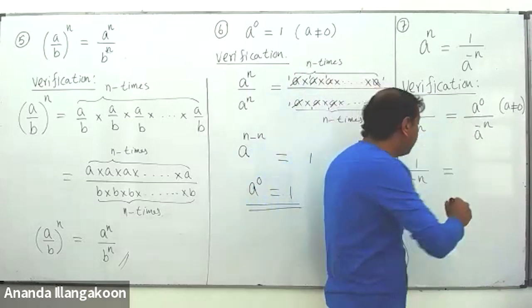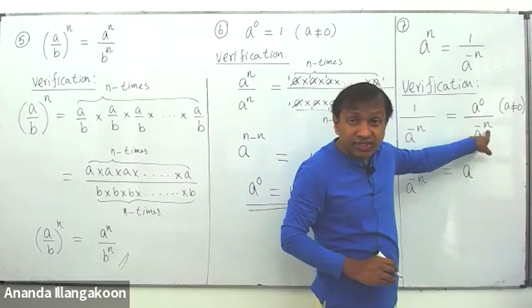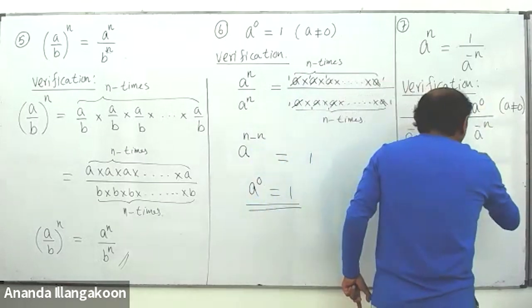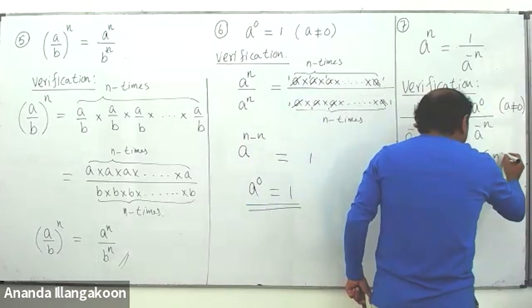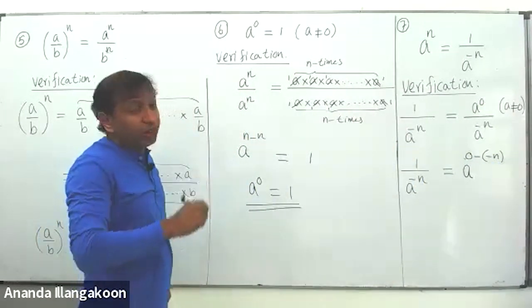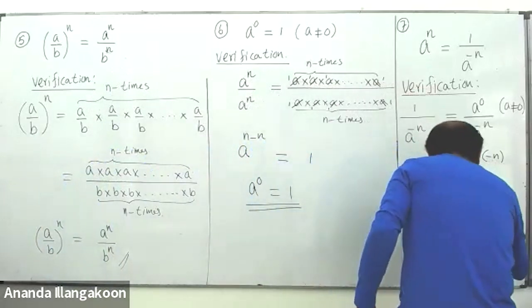Writing the same base a, we subtract the denominator power from the numerator power: 0 minus minus n. When you remove the bracket, minus minus becomes plus, and we get a to the power n.